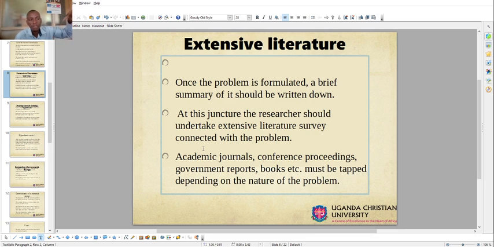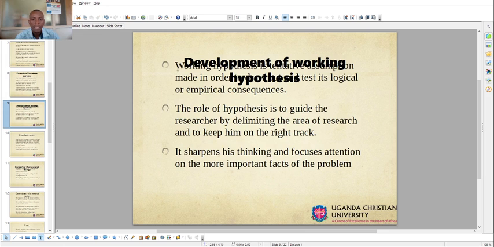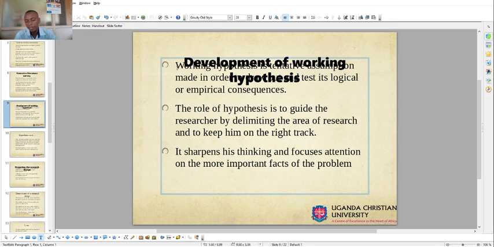So if you read their work, it can help sharpen you, and it can help you to achieve a number of things. The literature we review will be from reports, books, journals, articles. But of course there are some sources we don't trust, like Wikipedia. Literature from Wikipedia doesn't count. Okay. And then development of working hypothesis.